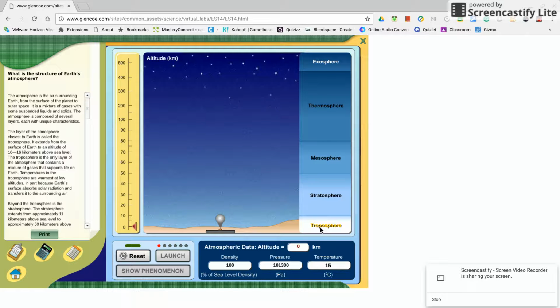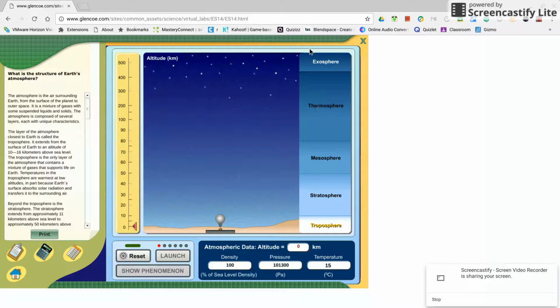And so on the side, you can see that we have our layers of the atmosphere divided up. So we have the troposphere where we live down here at sea level. Above that is something called the stratosphere. Above that is the mesosphere. Above that is a layer known as the thermosphere.